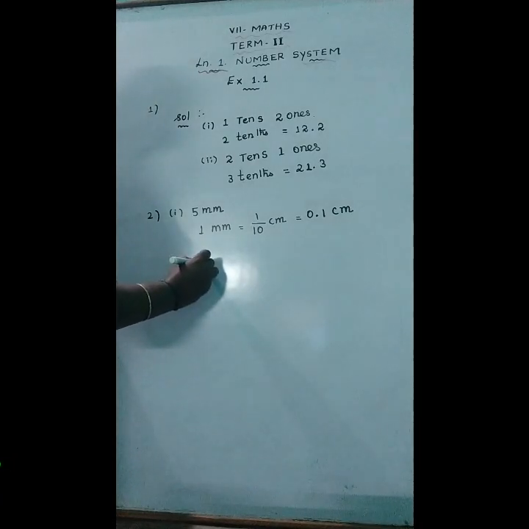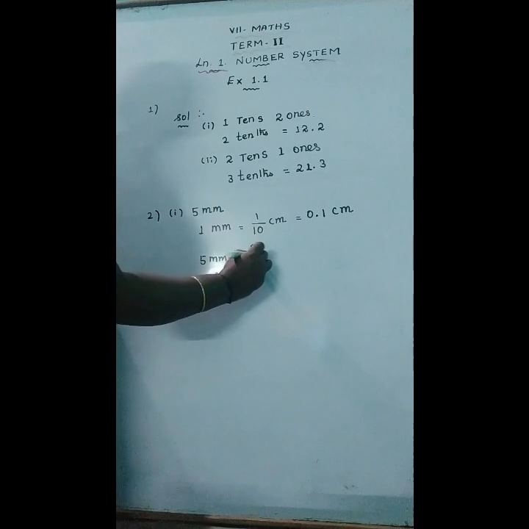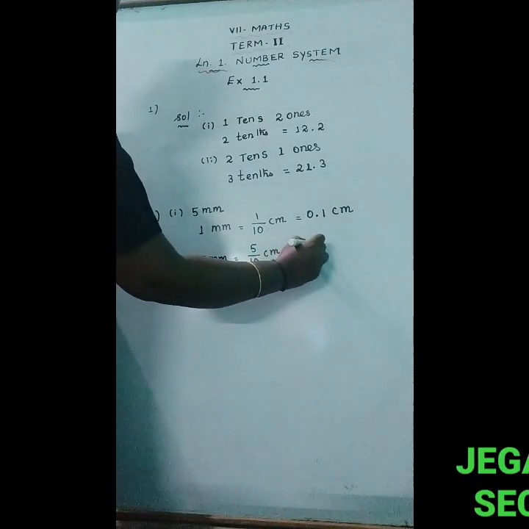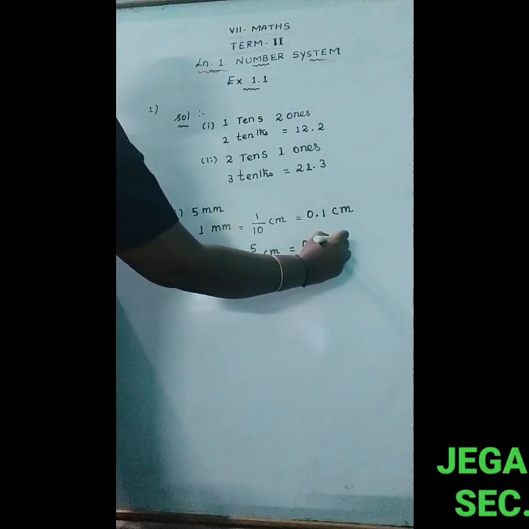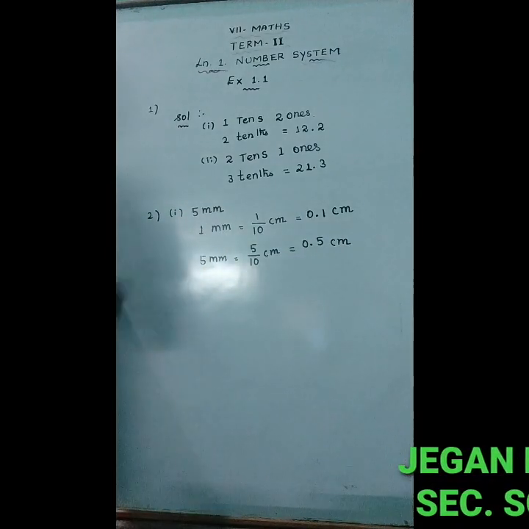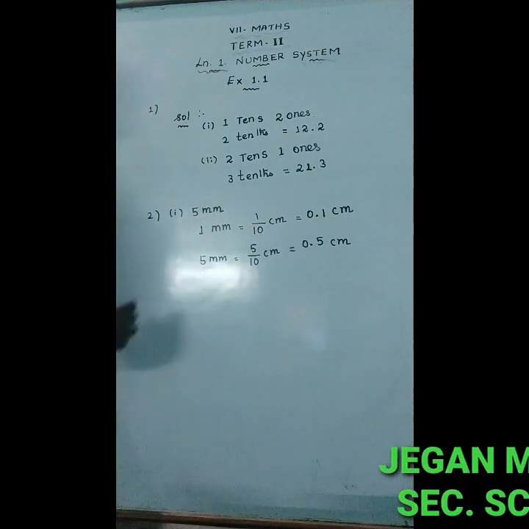So 5 millimeter is equal to 5 divided by 10 centimeter. Then 5 divided by 10 is 0.5 centimeter.